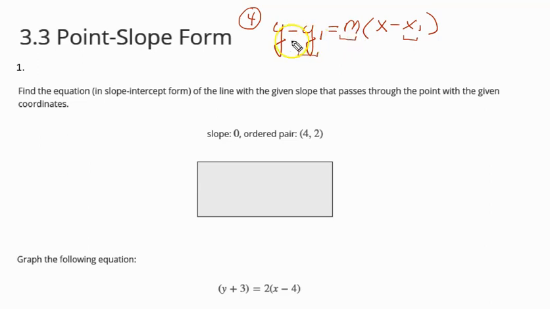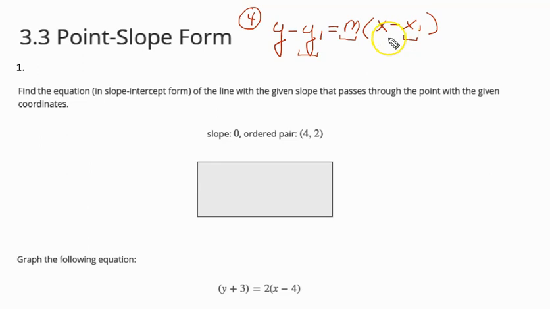Now you might say, how would I possibly memorize this? Well, two y's on the left, two x's on the right with an m in front, and these in parentheses. And for the y's, there's a subtraction sign between the two and the x's.